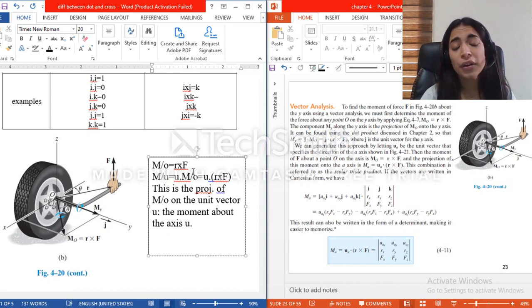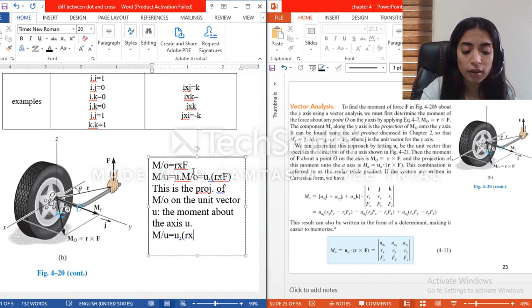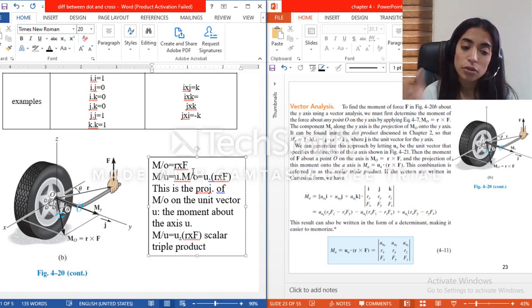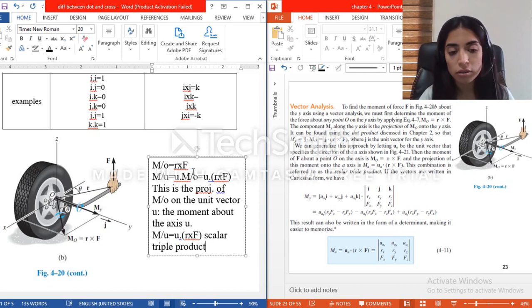Okay, now the question is, what is M about u that is equal to u dot R cross F? Or how can I find this term or this equation? It is basically called scalar triple product. So it is basically dot cross product. So I'm doing dot of what? Of cross.